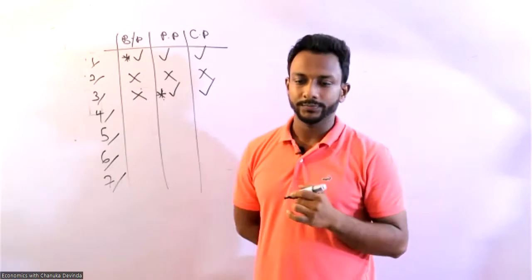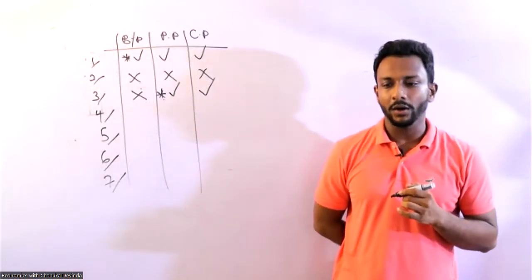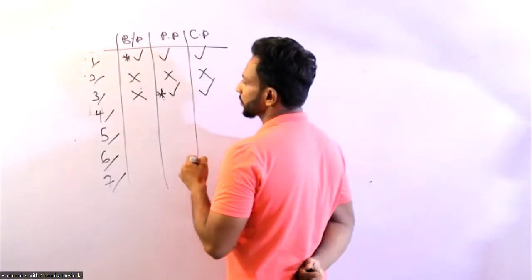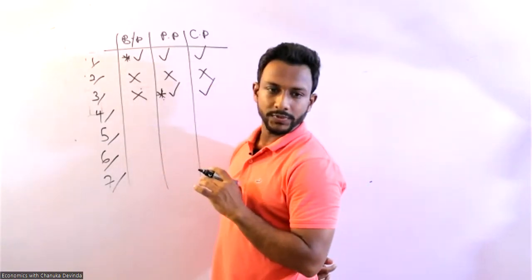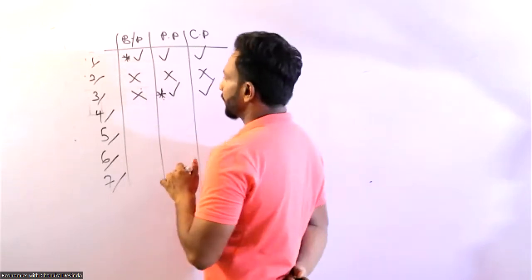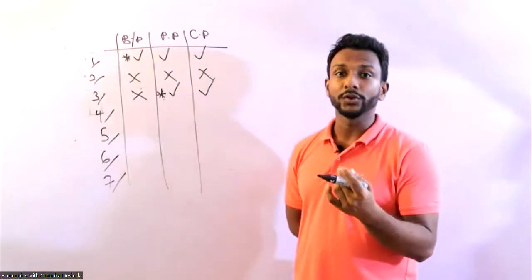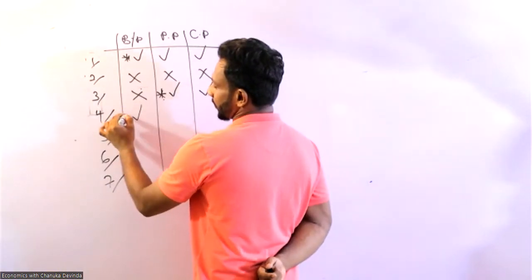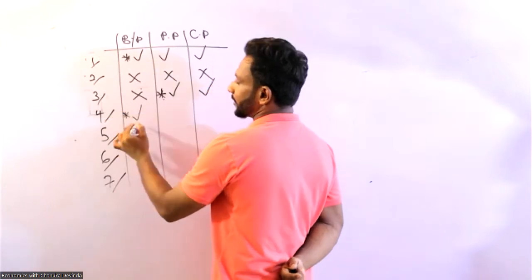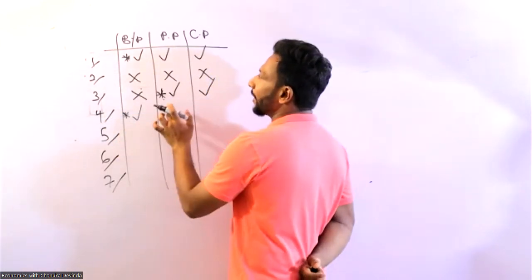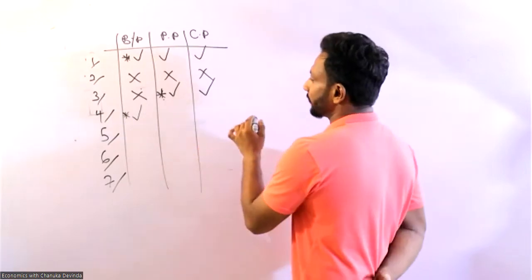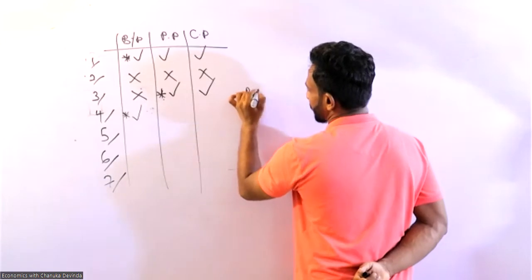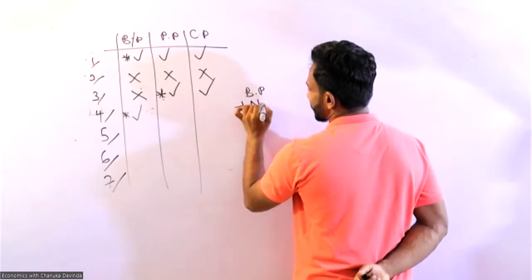So the fourth one, subsidies on products, not on production. I told you subsidies on products were initially there, right? It was there at base price, but when it comes to producer's price, you can remember base price plus net tax.